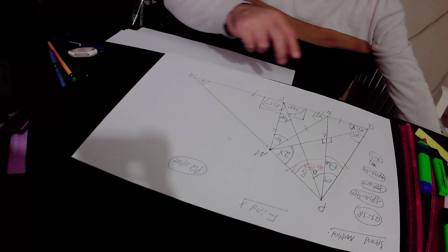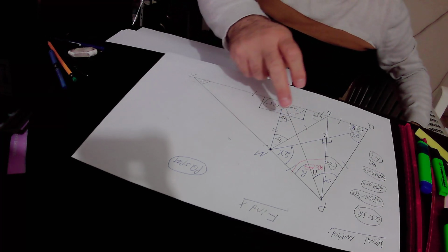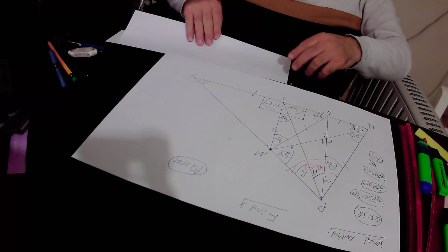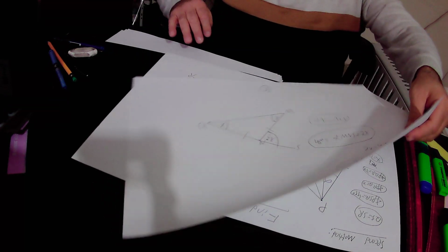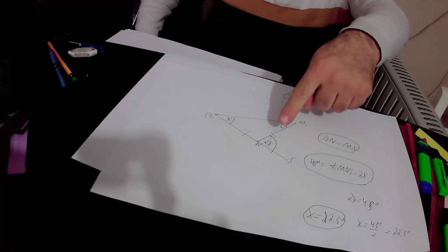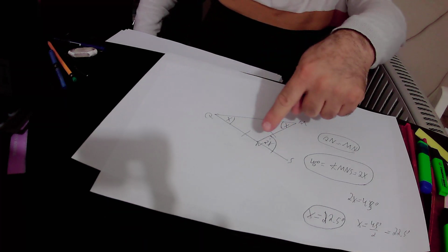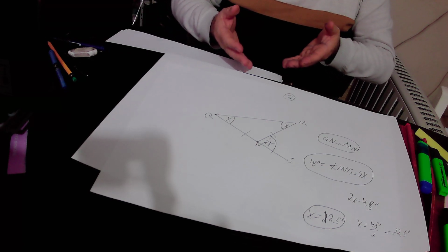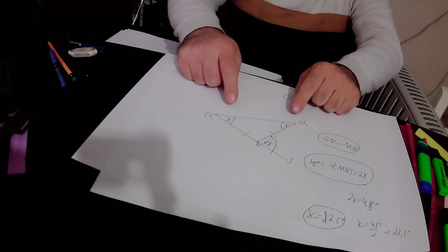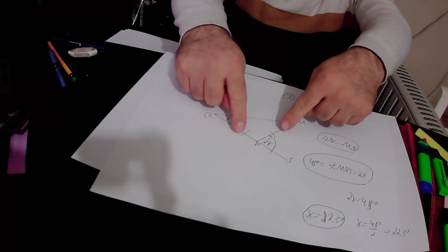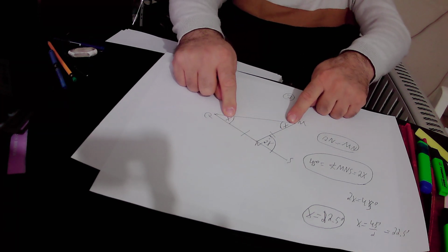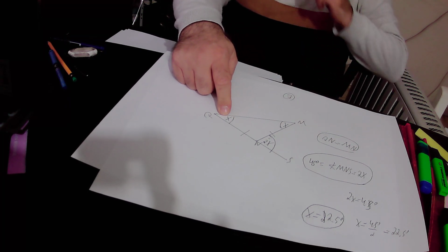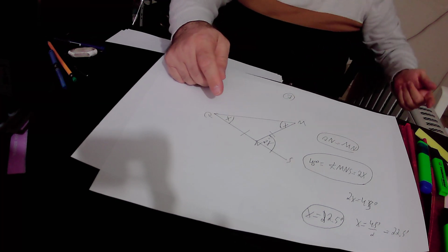So I draw again triangle QMN. We know that QN equals MN. And we know that opposite equal sides in the triangle there are equal angles. That is to say, because QN equals MN, those two angles must also be equal to each other. But we know that this angle equals x, so this angle must also be equal to x.